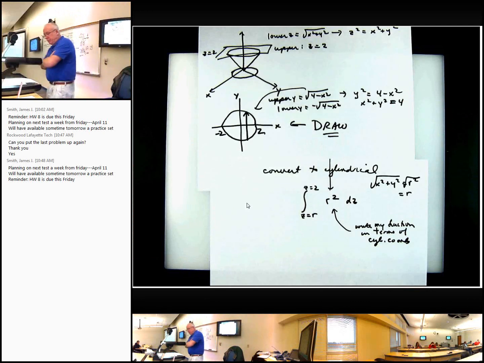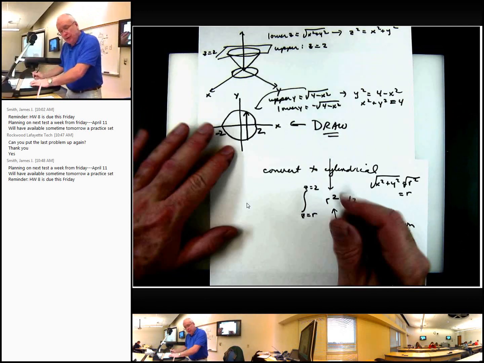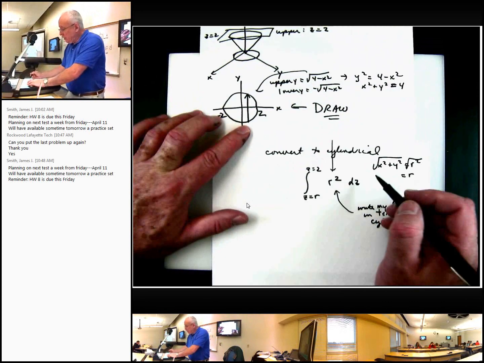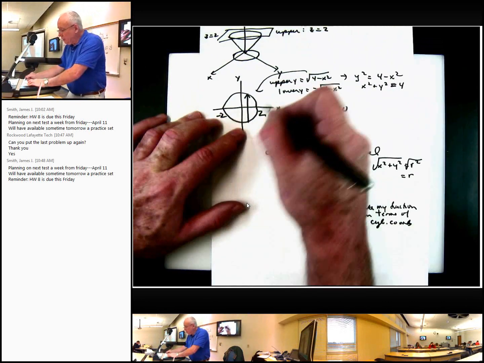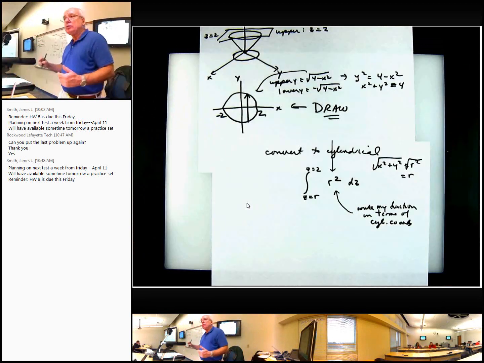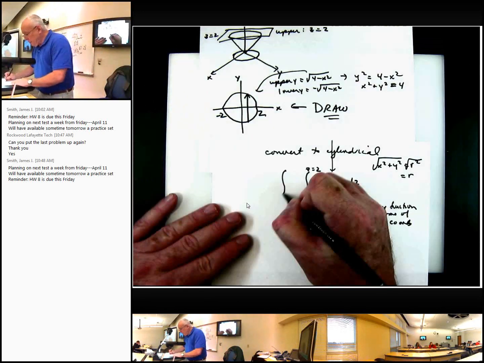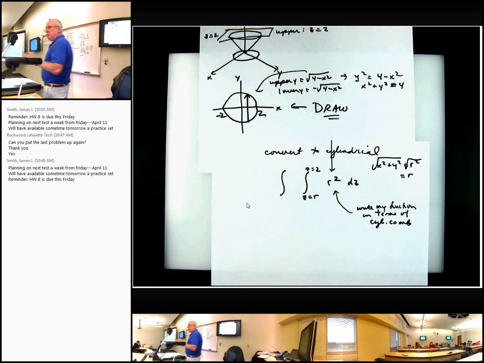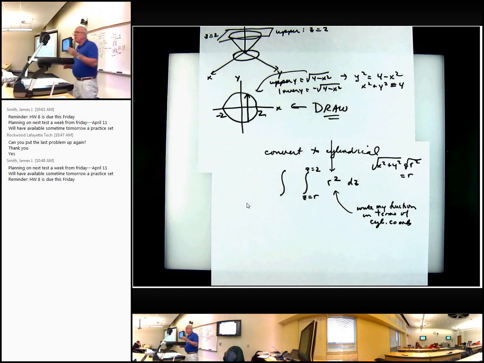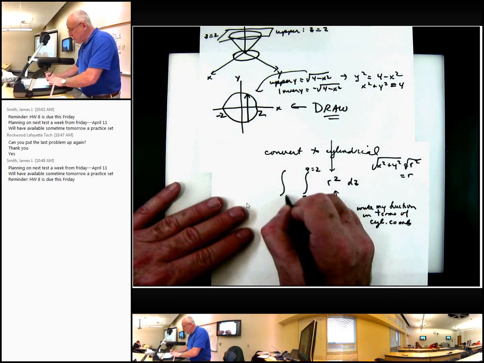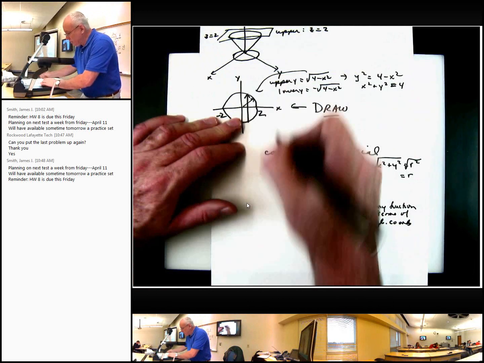So let's look at what we're integrating over on the XY plane. I've got a circle, its radius is 2, and it goes all the way around. So we have r and theta as my two other variables. So what would be my limits for the r? 0, it starts at 0, it goes out to 2.